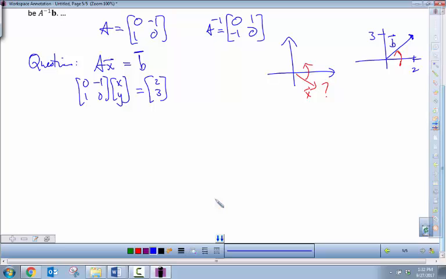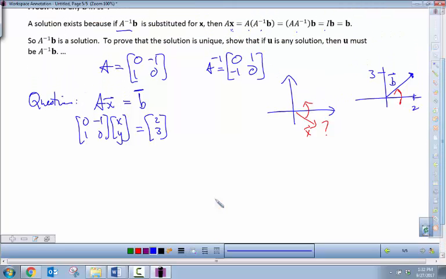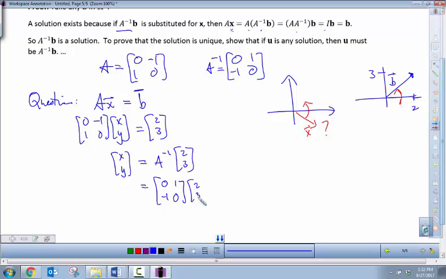According to what's given here, to find our X vector, we simply multiply the B vector by the inverse matrix on the left side. So if we get our inverse matrix and multiply it by 2, 3, we should get our XY value, a 2 by 1 matrix that will give us a solution.